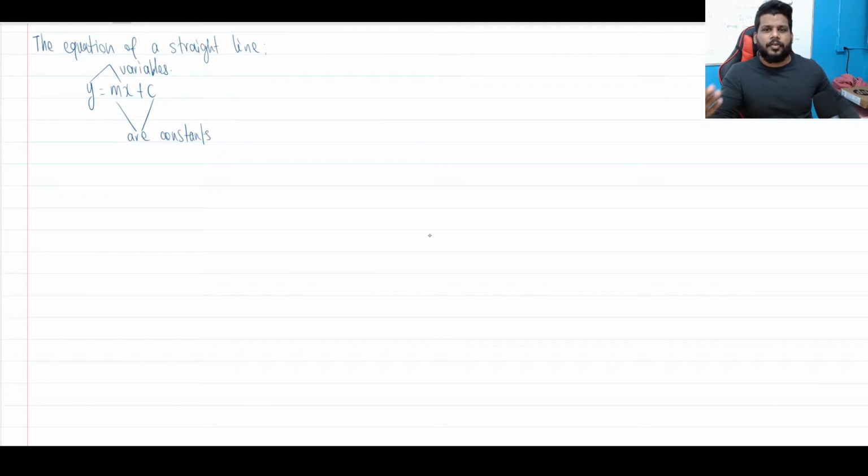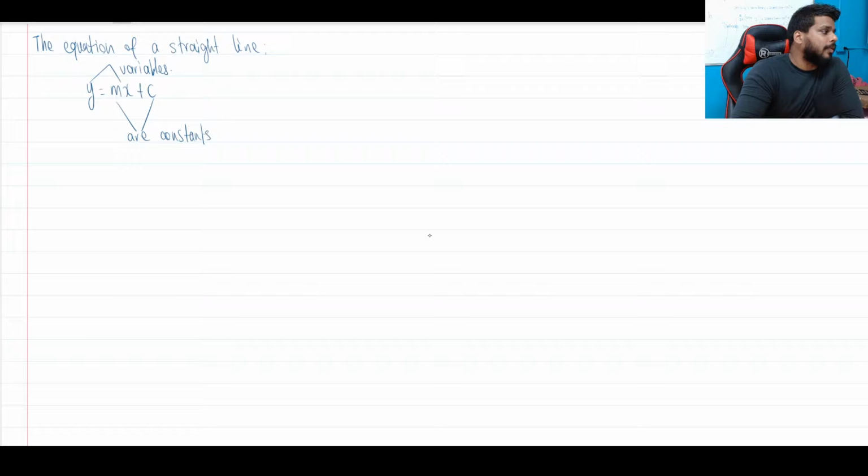And again, they're variables because they can vary in value. So if I have an equation that looks like y is equal to a number times x plus another number, we can say this is the equation of a straight line. m represents something and c represents something if and only if the equation looks exactly like this.